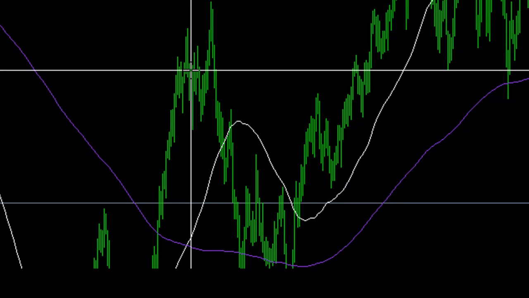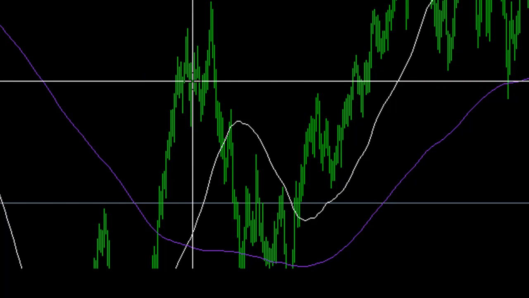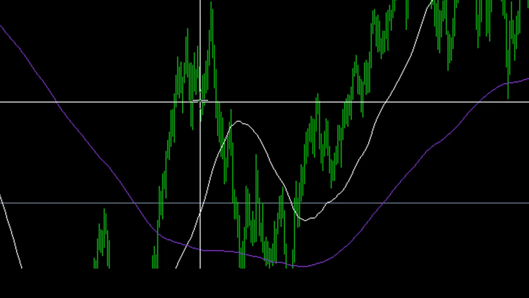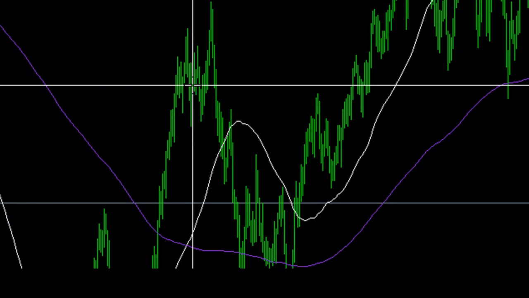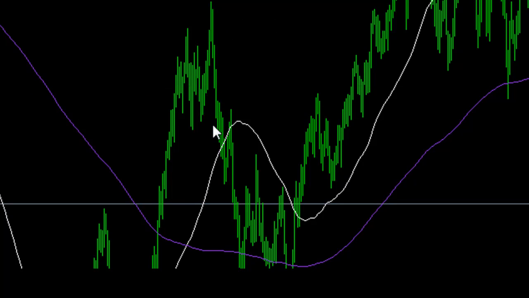This would have taken you in, assuming you'd entered around these levels, you'd had a short-term movement where there's 300 odd pips before the market then corrected. So you need to watch it. If you do trade these kind of scenarios, you need to be constantly aware of what's going on. So you could have trailed your stop up in that scenario and come out with a nice profit.